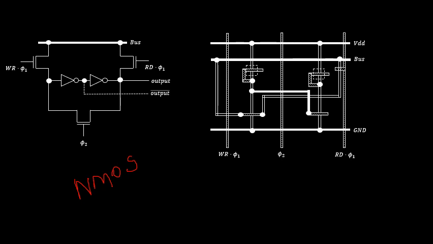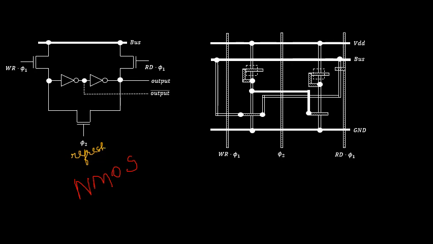In terms of operation, I will come back to this later. This is the circuit diagram for the pseudo static memory cell in NMOS, and this is the stick diagram for the pseudo static memory cell in NMOS. It has three NMOS transistors, one to perform the write operation, another to perform the read operation, and the third to perform the refresh operation. Here phi 2 is responsible for performing the refresh operation in the pseudo static memory cell.